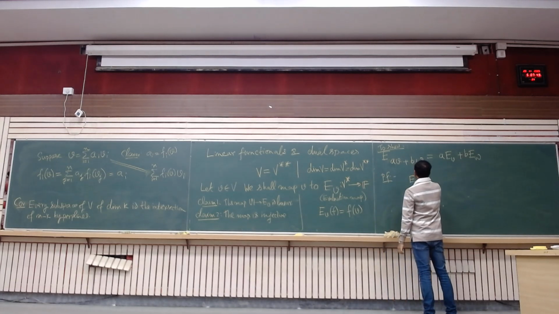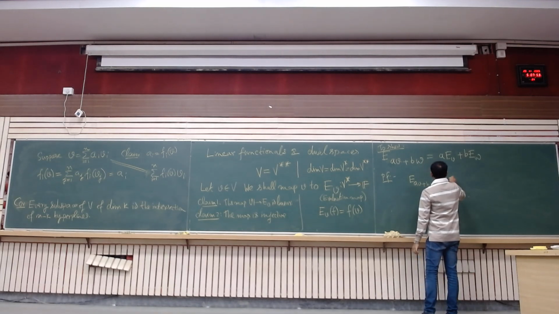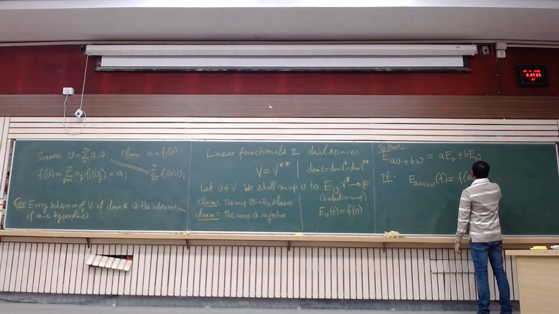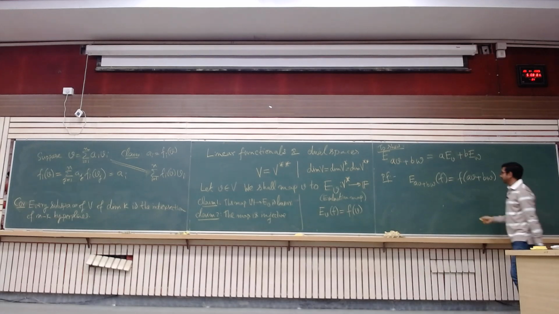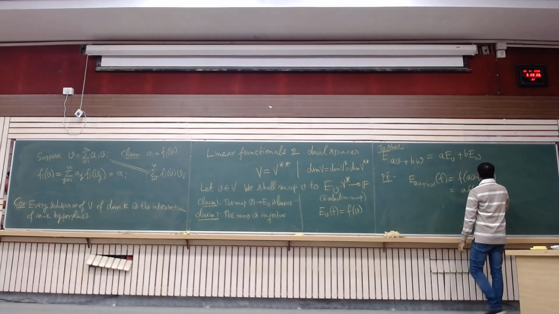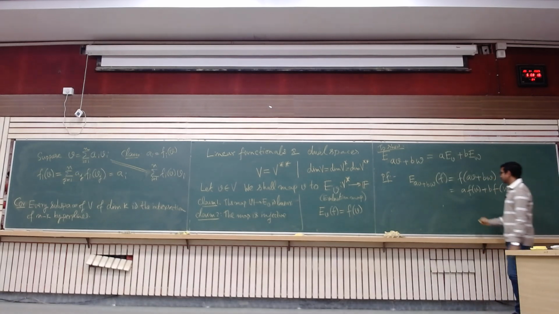So E of AV plus BW of some linear functional f is equal to f of AV plus BW, but it's a linear functional, so this will break over: A f of V plus B f of W. And then that's the claim, right?